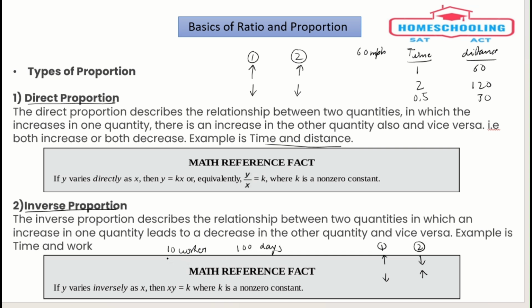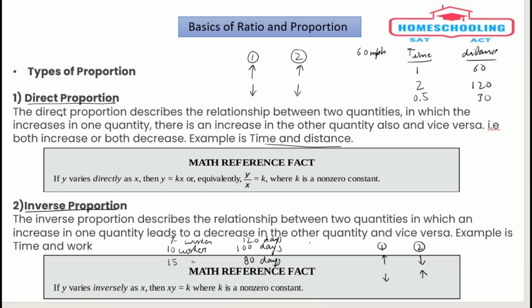If you increase the number of workers to, let's say, 15 workers, then because there are more workers and the work is the same, since you have to build one house, the number of days it will take would be less than 100 days. Let's say 80 days. And if you reduce the workers from 10 to 7 workers, then it might increase to 120 days.